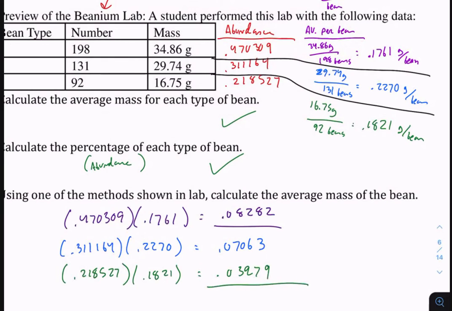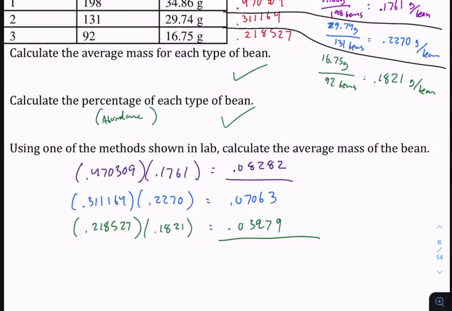Okay, I have my 3 subtotals. Your last step is to sum them up. As far as when you're adding, all of these numbers have the same number of decimal places, right?